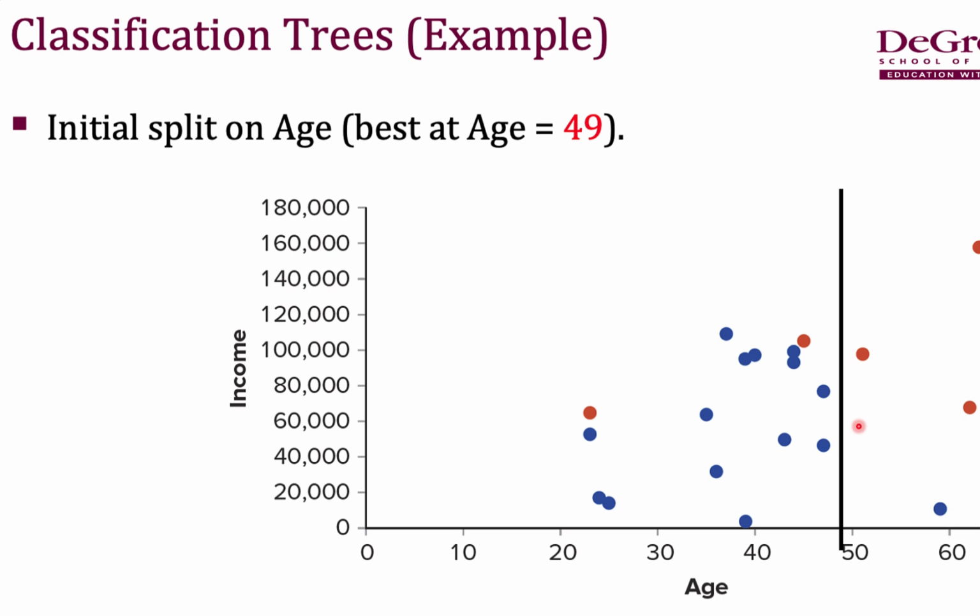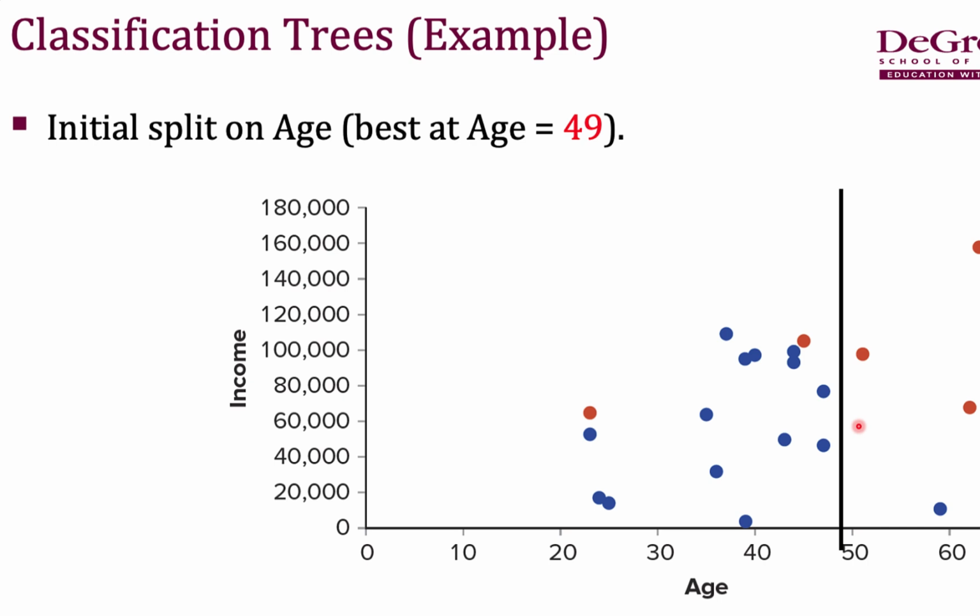I mean, you don't have to actually use age or the threshold 49. You can choose income, you can use a different threshold, but again, it's part of the training process for you to determine which feature to use to make the split, to do the branching, and what is the right threshold level to use for the branching.